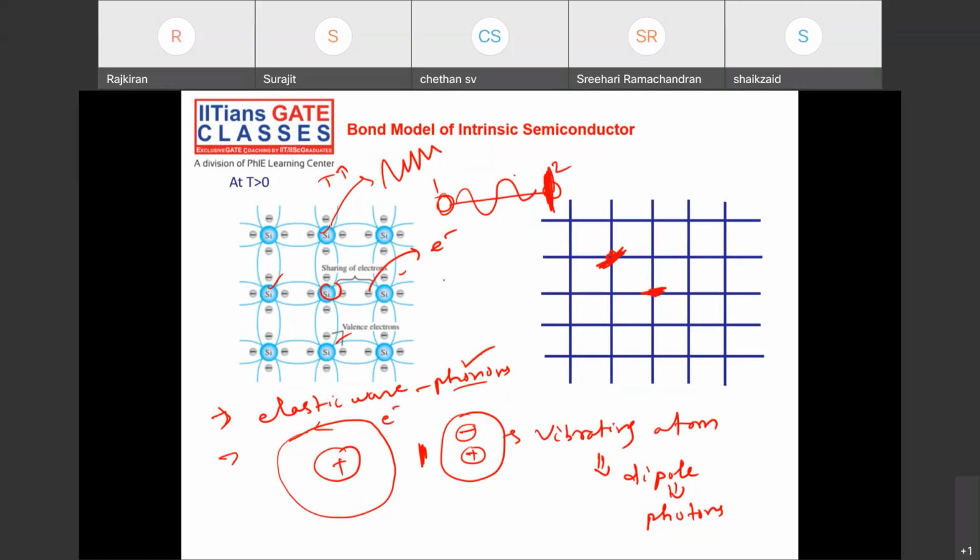The bond energy in silicon is about 1.1 electron volt, so if it gets more than this, the bond will break and the electron will emanate. So at t greater than 0, since many bonds are broken, I have electrons which are free to move. So I will have an electron concentration at t greater than 0. Is it clear to all of you?